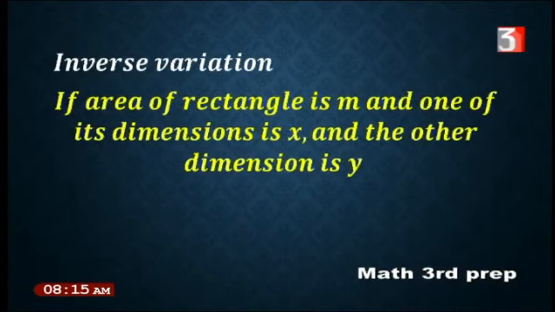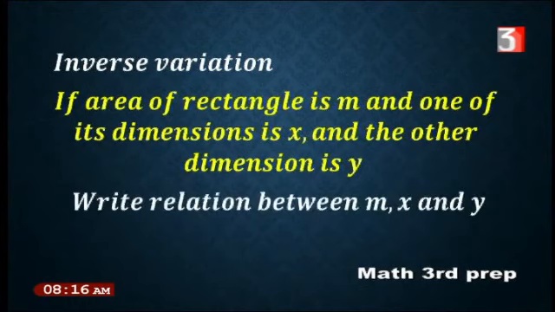If the area of a rectangle is m and one of its dimensions is x and the other dimension is y. So you have a rectangle, its dimensions are x and y, and its area is m. Then write a relation between m, x, and y.